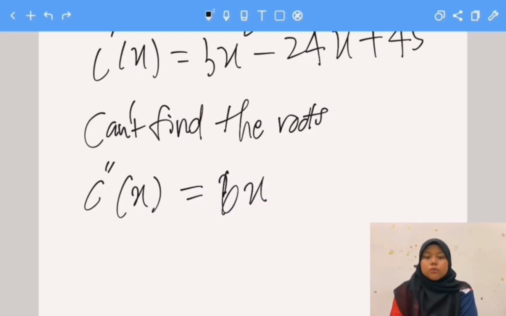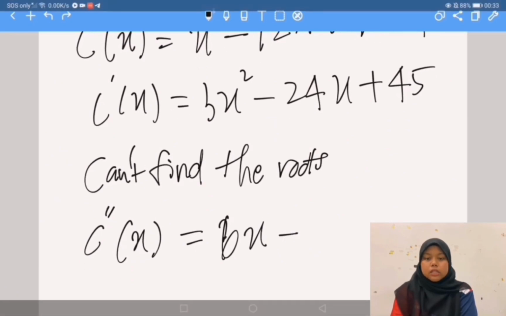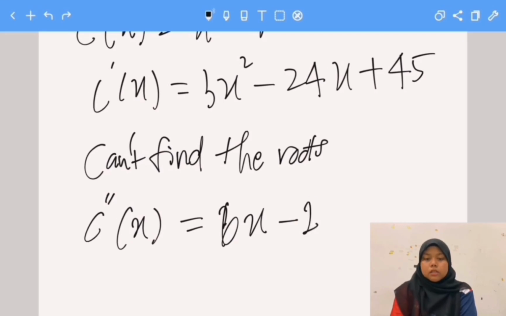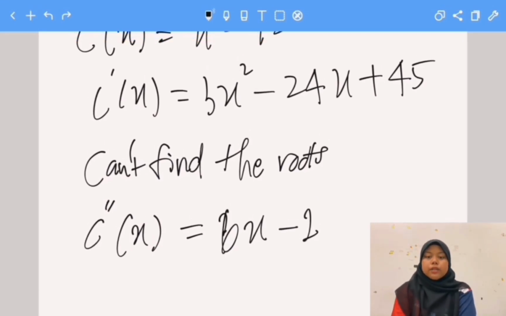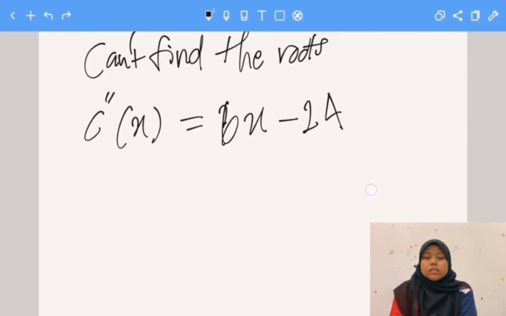So we need to take the second derivative of this equation. That means C prime of x equals 3x squared minus 24x plus 45 becomes C double prime of x equals 6x minus 24.